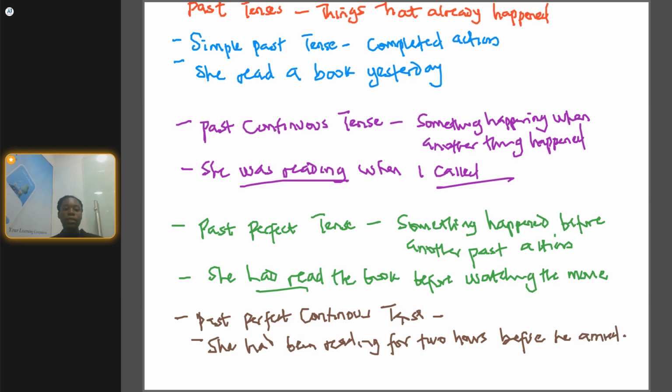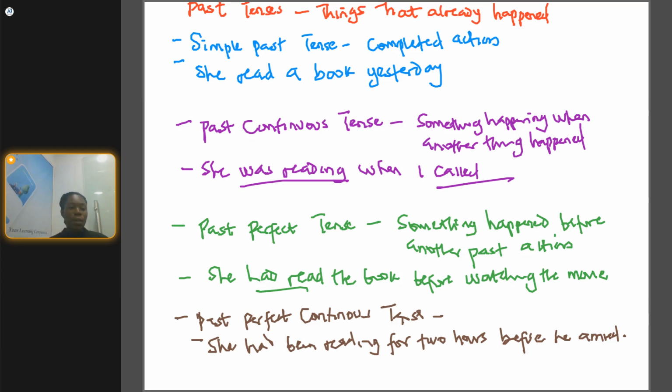She had been reading for 2 hours before he arrived. This means that she was reading continuously, and after 2 hours of something happening, then another thing happened. He arrived. So something was happening for a while before another past event.